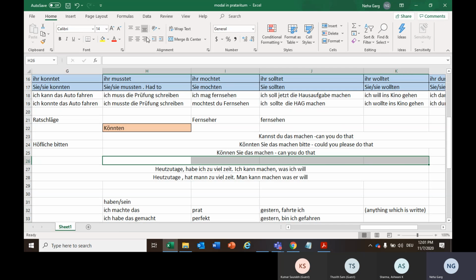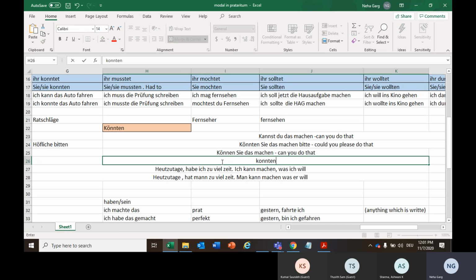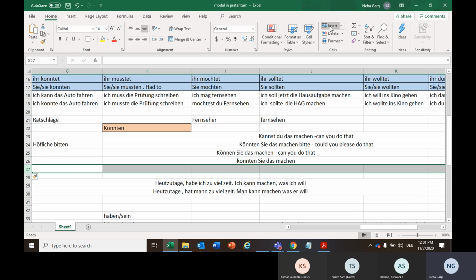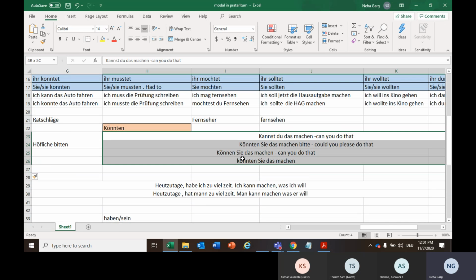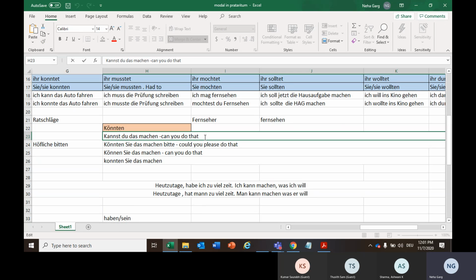Now let's see one more example. If you would use this konnten Sie das machen. Okay, so now let's see the difference between all four sentences to avoid any confusion. Kannst du das machen? Can you do that? This is informal present tense.